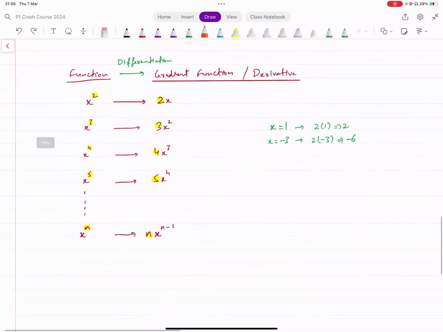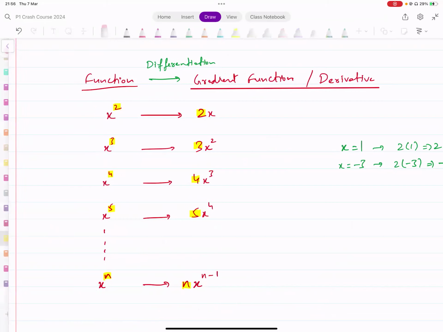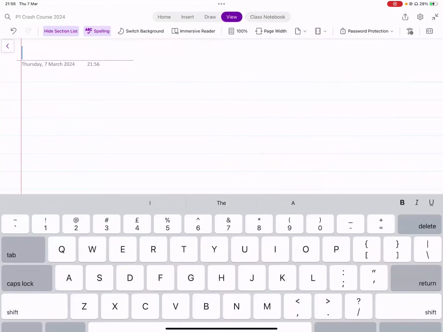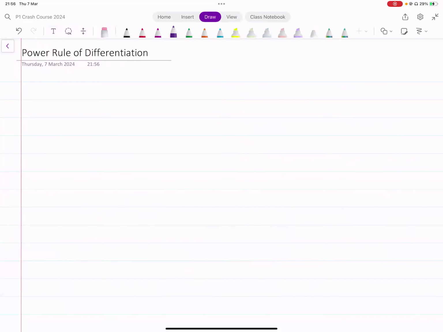And then this is a general rule that we are getting for differentiation. This rule is known as the power rule. And that's the next thing that we want to understand now. Power rule of differentiation. What does that power rule say?